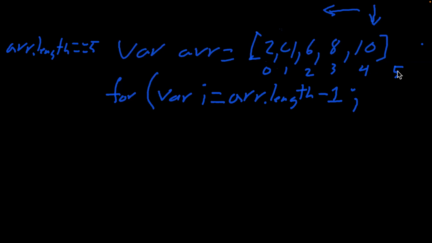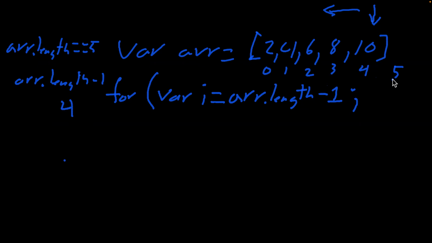So if we say r dot length minus 1, what does that equal? 4. Right? So that is going to give us this position at index 4. So we're starting here. That is how we start at the very end. We say r dot length minus 1 because we count from 0. It's tricky. And that's why I've been trying to test you guys with this.